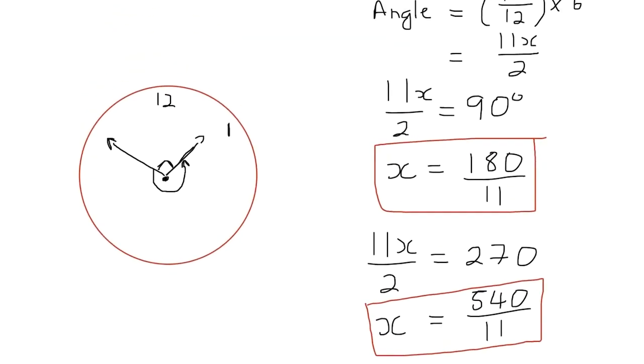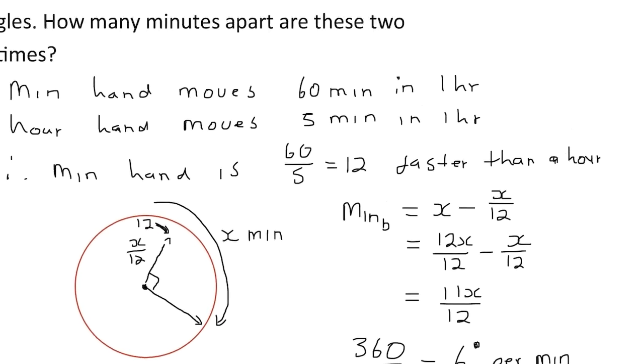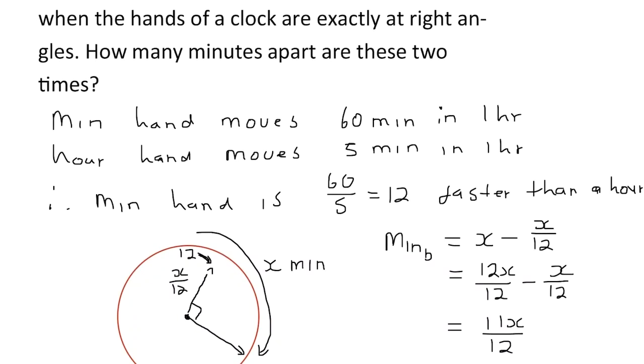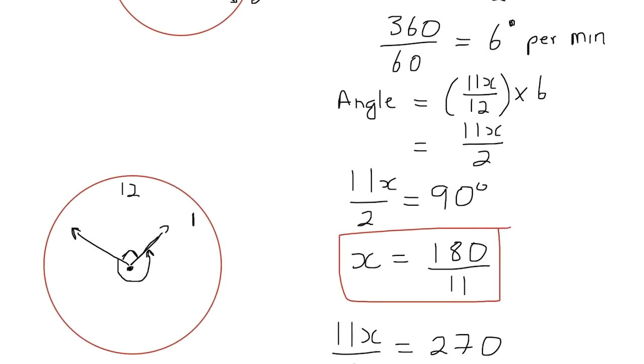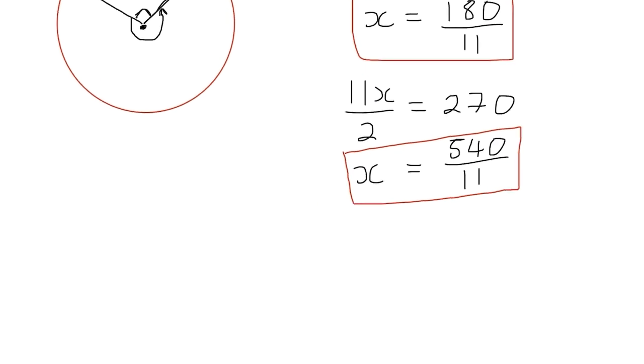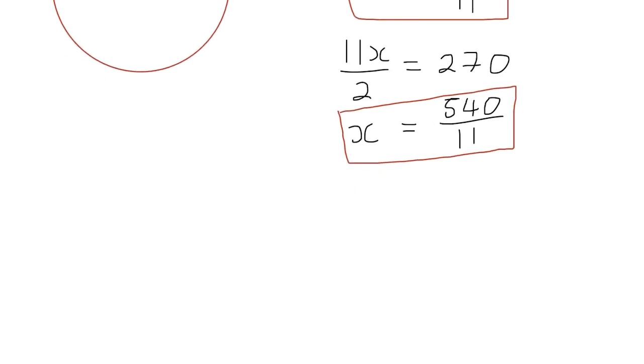Now the question says they want how many minutes apart are the two times when the minute hand and the hour hand were 90. So we have this and this. So how many minutes apart? Now we take 540, black pen.